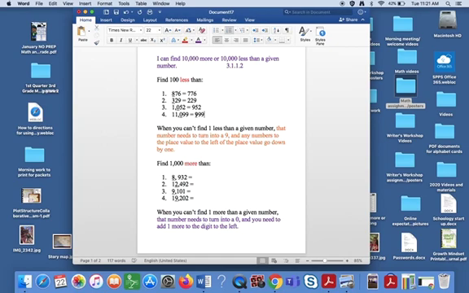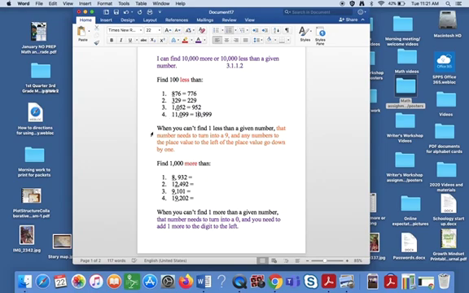But I still have the 11,000 there to take care of. The number to the left of the place value goes down by 1. So instead of a 1 in that thousands place value, it goes to a 0. So 11,099 minus 100 equals 10,099.